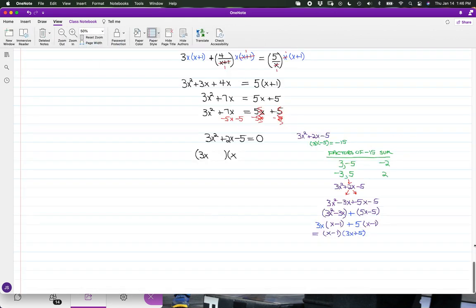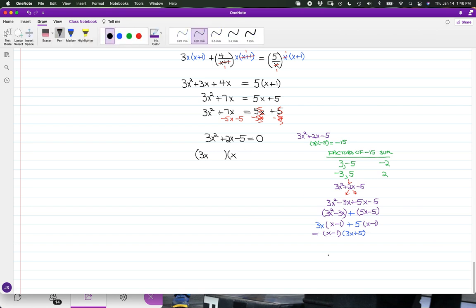Okay, so for the factorization, carrying over, you have 3x plus 5 and the quantity x minus 1 is equal to 0. Utilizing the zero product property, if 3x plus 5 is equal to 0, then 3x is equal to negative 5, and if I divide by 3, x is equal to negative 5/3.